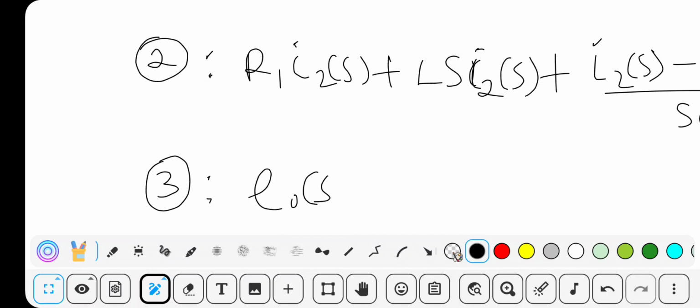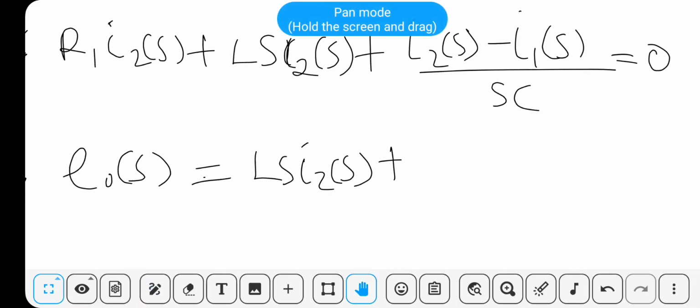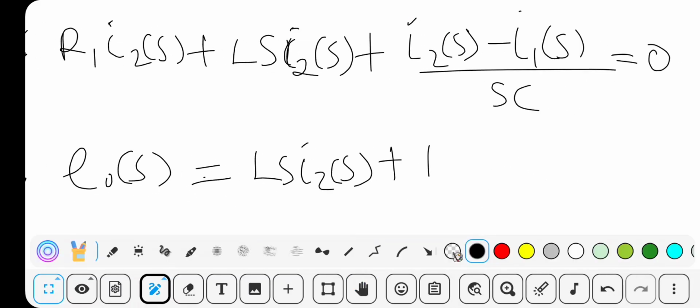Then for the third equation, this should be equal to LS plus R1 times I2 of S.